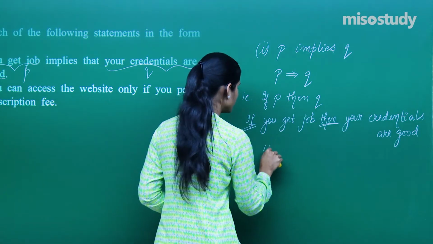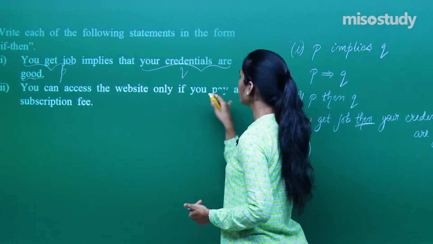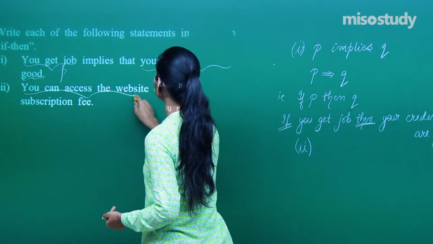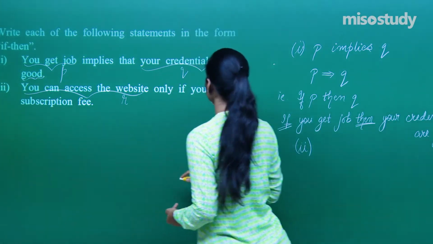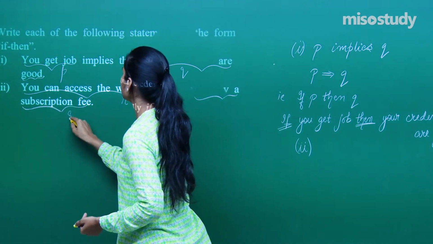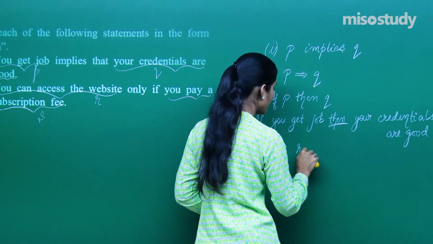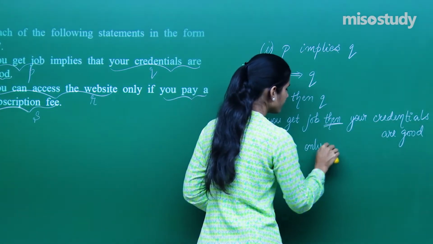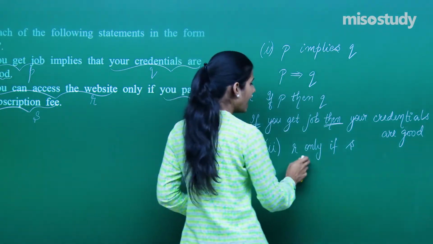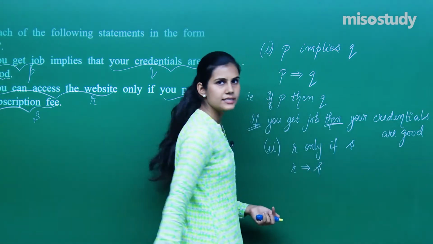And if I talk about the second case, it is you can access the website only if you pay a subscription fee. So you can access the website, take it as statement R. You pay a subscription fee, take it as statement S. So the second sentence is basically saying R only if S. You know that R only if S is another way of writing R implies S, isn't it?